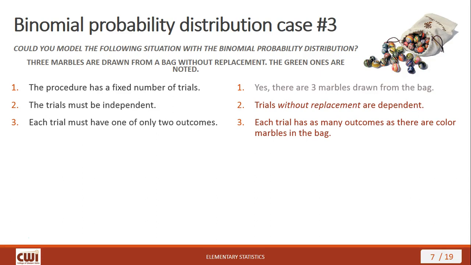All we know is that there's one color that's in the bag. We presume there's at least one more, but there may be others in addition. So we're going to have to say, no, each trial has as many different outcomes as there are colors in the bag. We're going to say that requirement's not met. 4, the probability of a success remains the same in all trials.